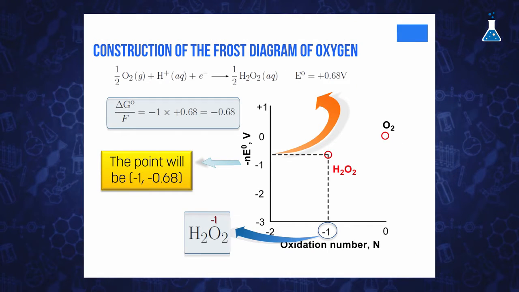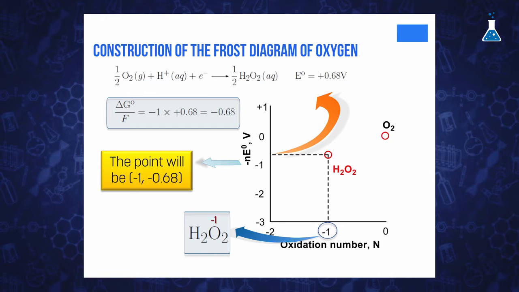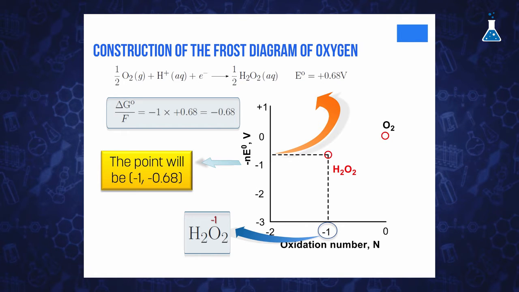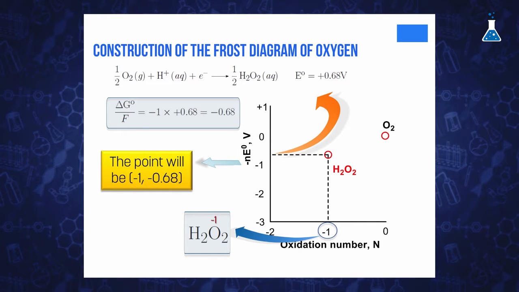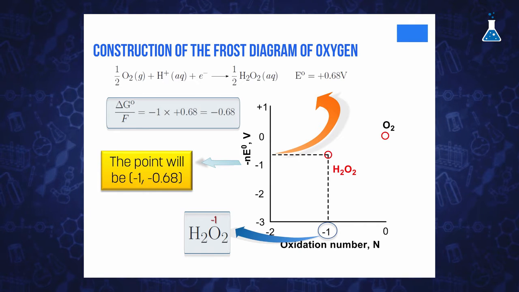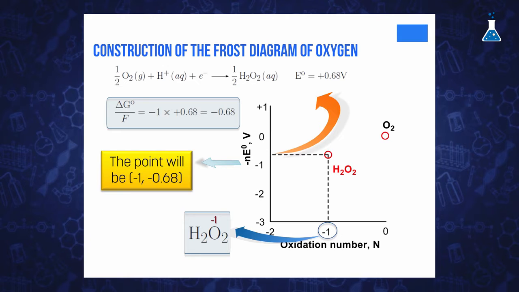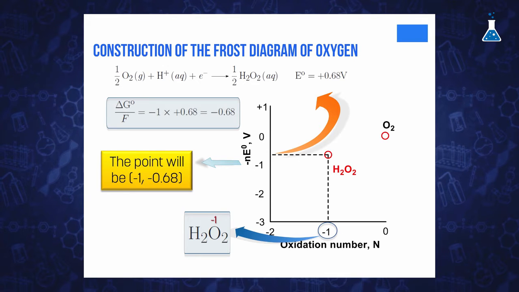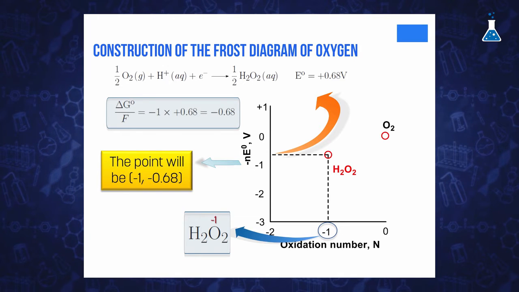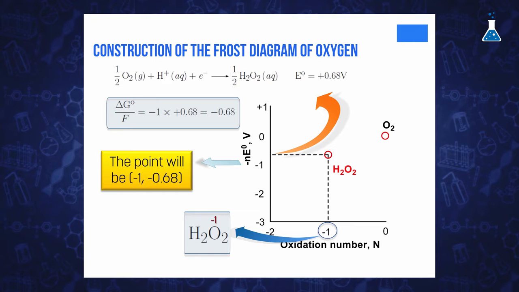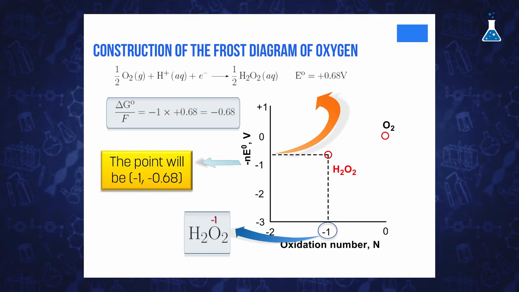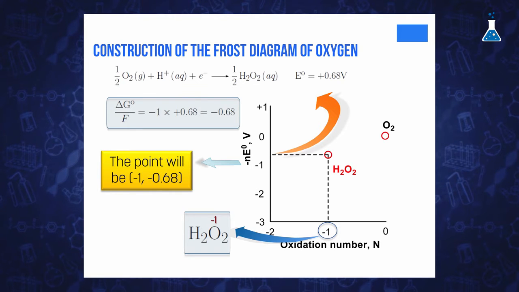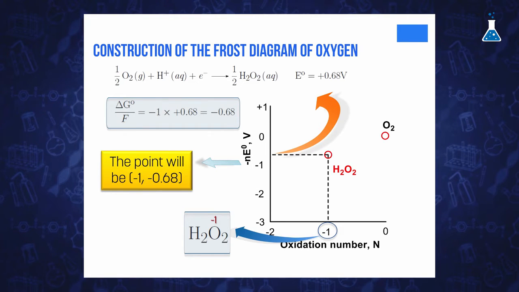Accordingly, for the first reaction, reduction of oxygen to hydrogen peroxide, we have the point -1 on the abscissa, corresponding to the oxidation state -1 of hydrogen peroxide, whilst the ordinate value will be -0.68, as a result of multiplying the standard redox potential, 0.68, by the number of exchanged electrons, 1 in this case, and finally multiplying by -1.